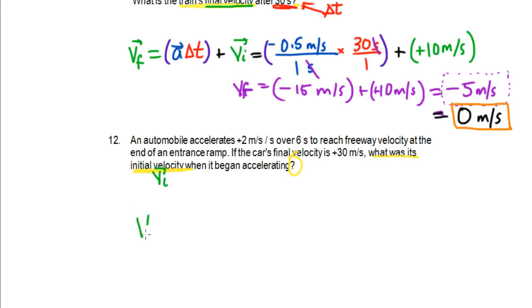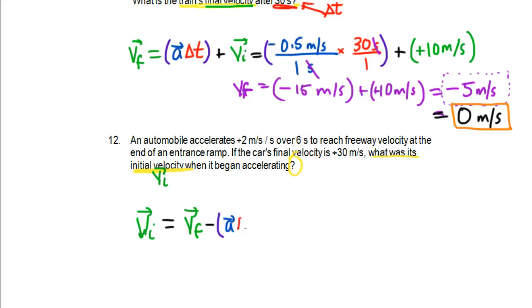All right, so v sub i, we know from our equations up top, initial velocity is equal to final velocity minus the quantity a times delta t.